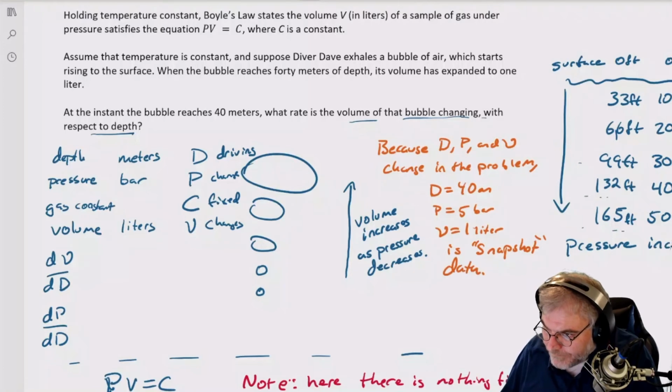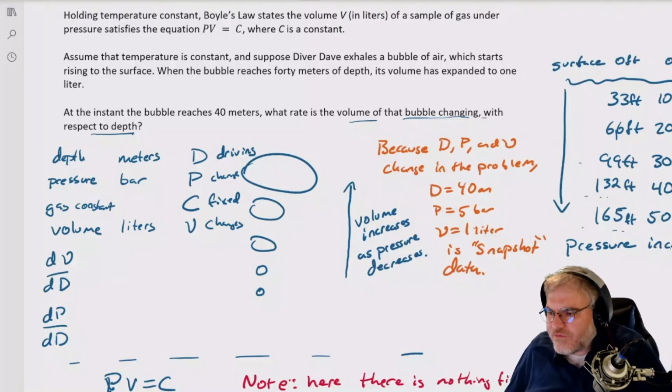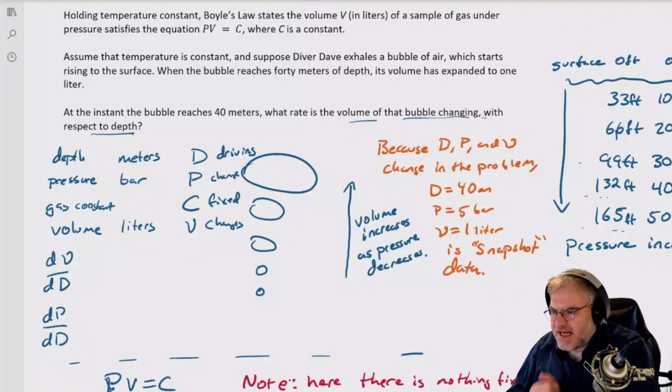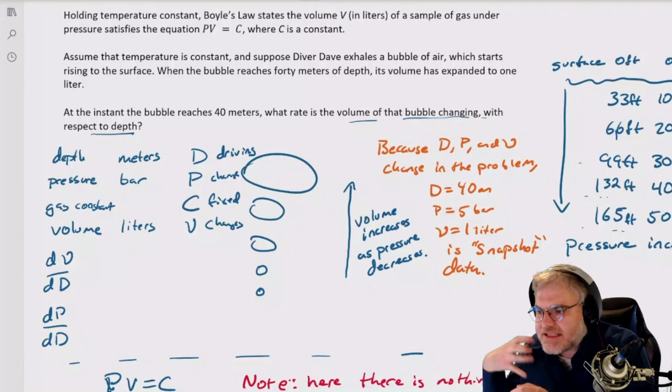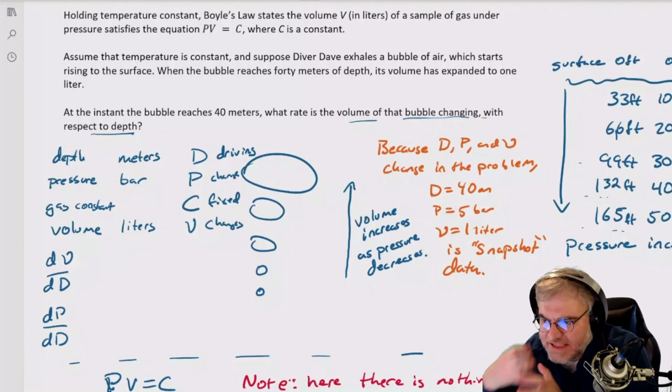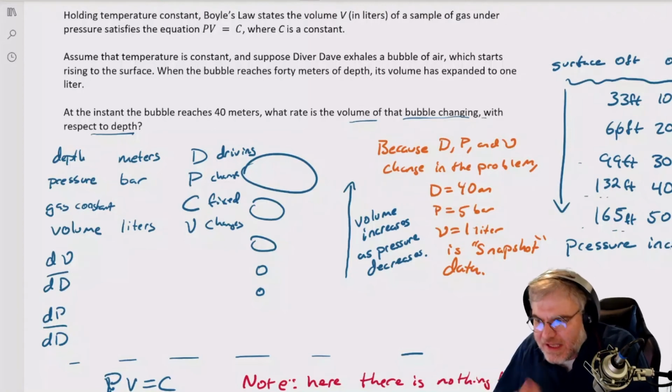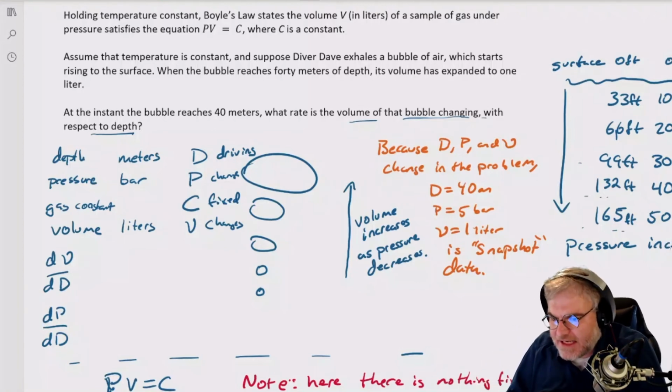Is everyone on board? 1 to 5, how do you feel about this? That the thing's moving and then suddenly I freeze it and I take a snapshot. But snapshot data is still moving things. When I take my derivative, I'm taking the derivative of everything that moves. Then I put in my snapshot data.